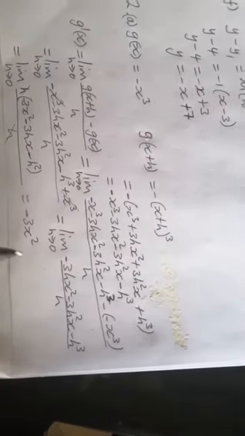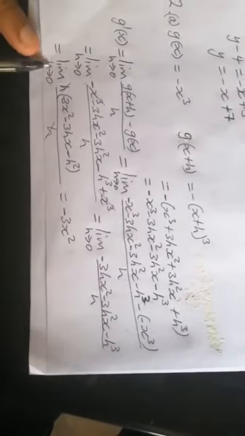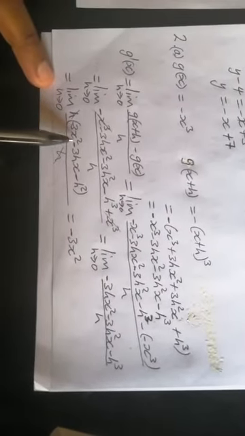And as usual, we factorize the numerator for h. H is out, we remain with that. The h will cancel, and we say our h is approaching 0. There is h here, there is h here, so we remain with minus 3x squared.